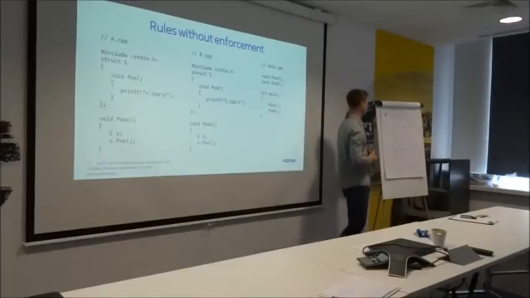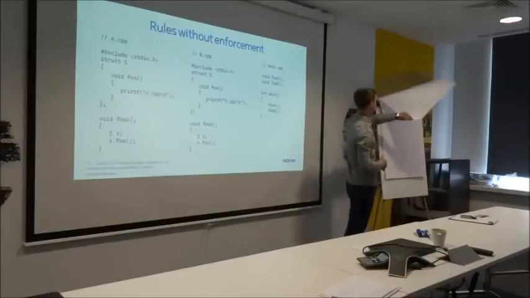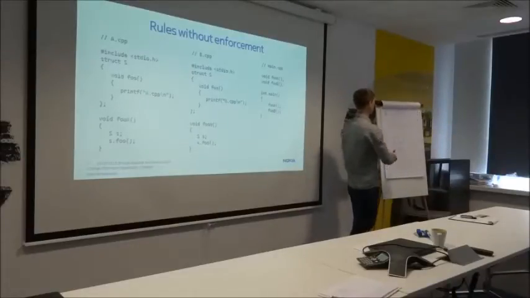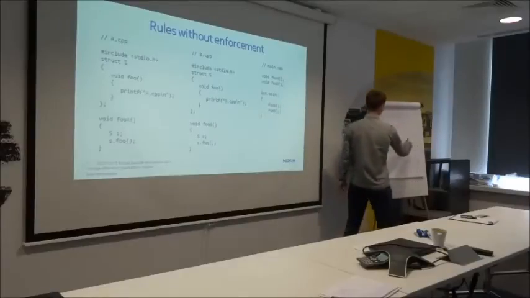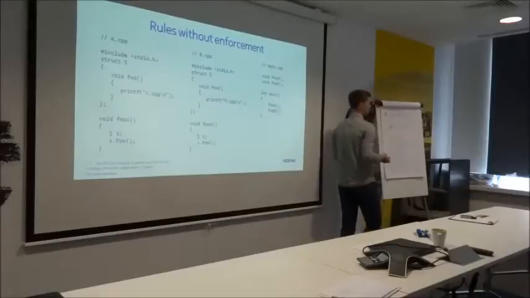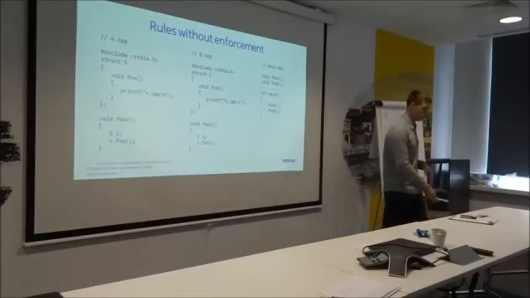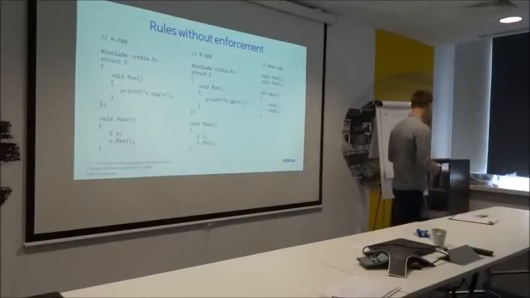What is the difference between this code and this? This code is completely equivalent, because at the preprocessor stage this instruction will be replaced by this, and it will be exactly the same. So here we have no error. Everything is fine. The linker does know where to get fooA and fooB.